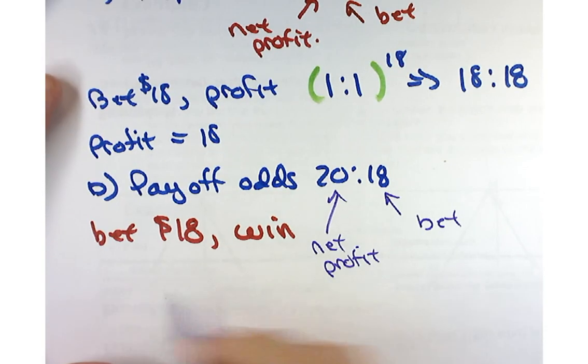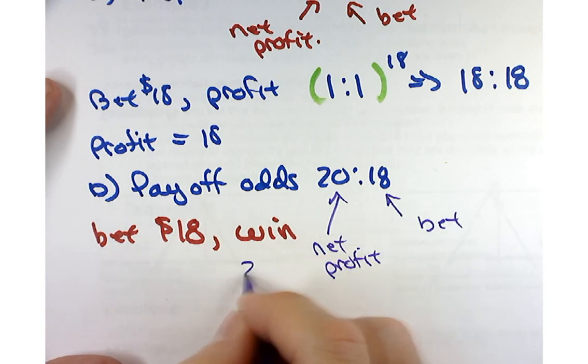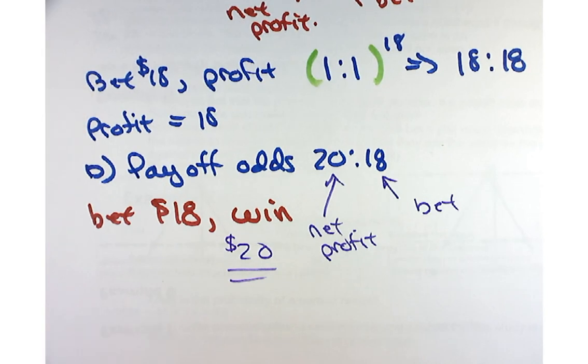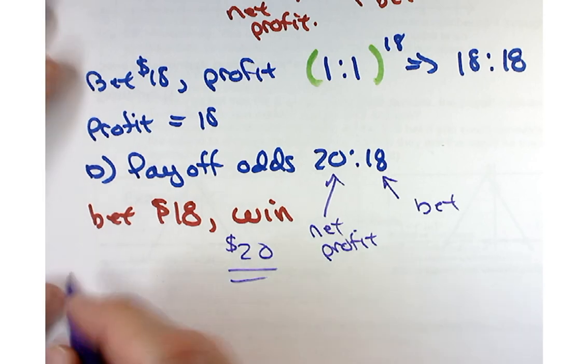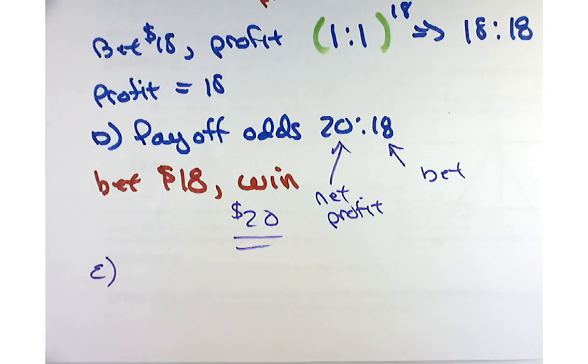All right, so you should bet 18 and win 20. So wow. They're kind of keeping a little extra for themselves, aren't they? So the difference between what you should win and what you do win, or in other words, the house's advantage on you, is something called the vigorish. It's not a term that's really a part of this course.